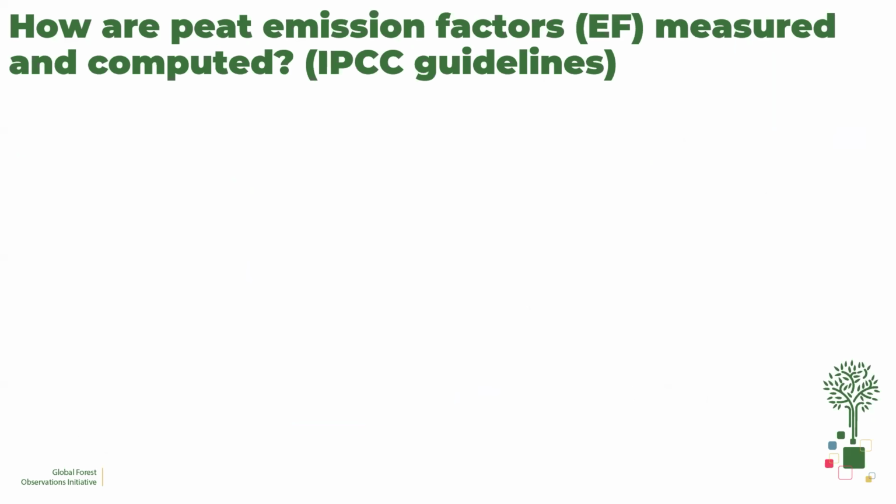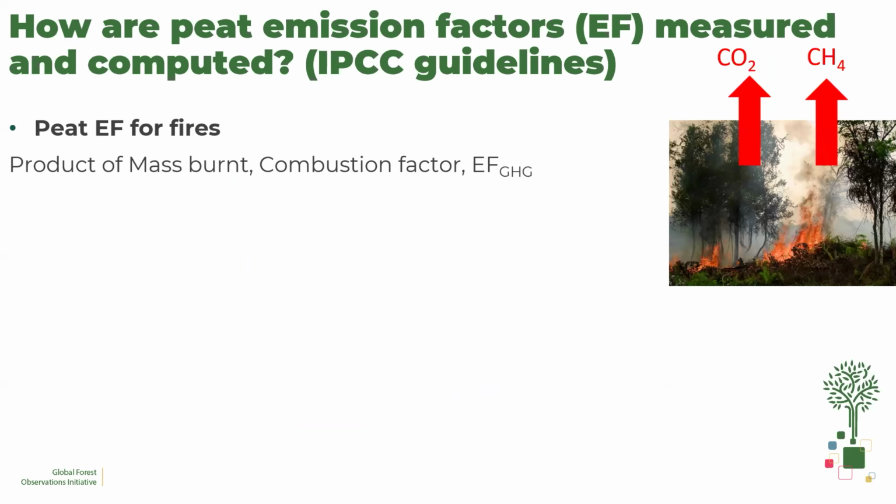How are these peat emission factors measured and computed according to the IPCC guidelines? The peat emission factor for fires is the product of the mass of peat that is burned, a combustion factor, and an emission factor for each greenhouse gas.